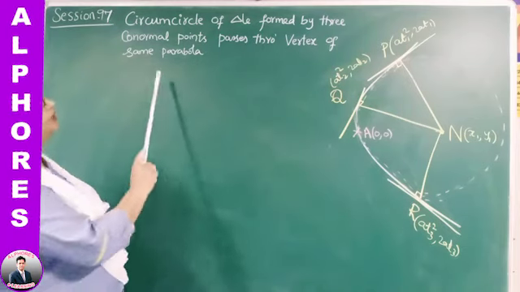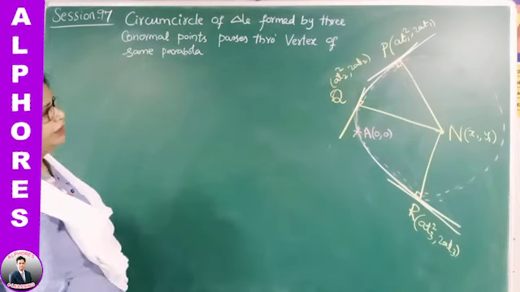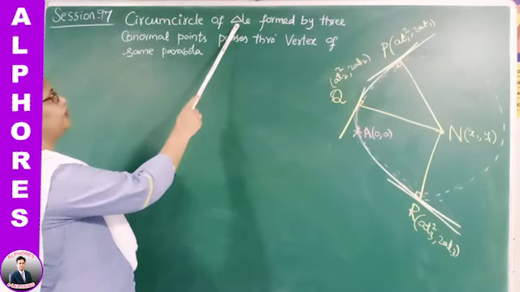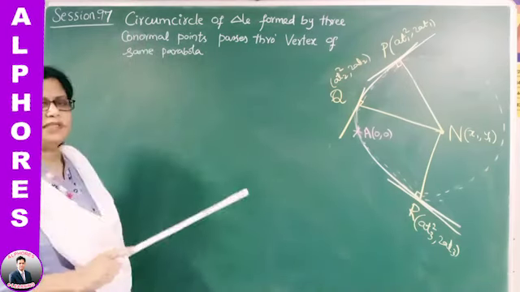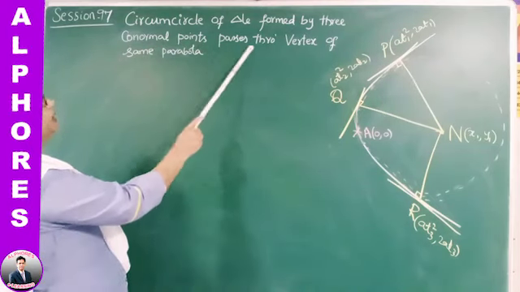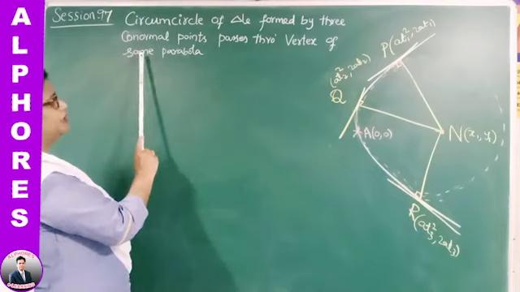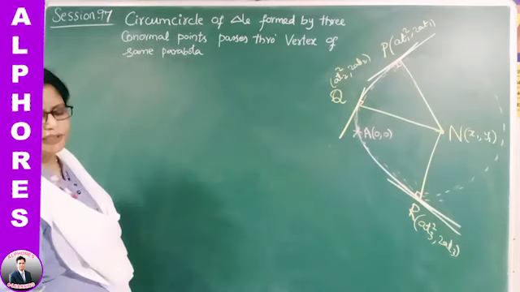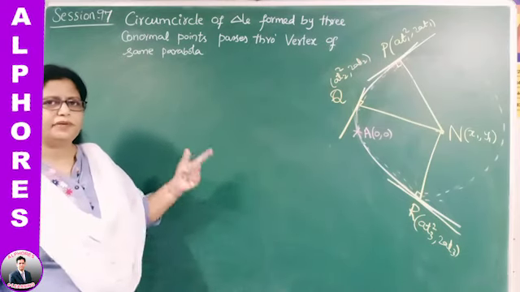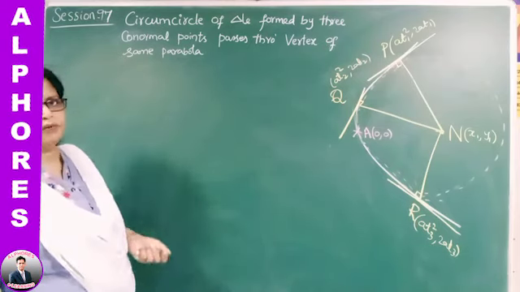Earlier we observed that the centroid of the triangle formed by co-normal points lies on the axis of the parabola, and this circumcircle passes through the vertex of the same parabola. Again, you can generalize this concept for any kind of parabola.